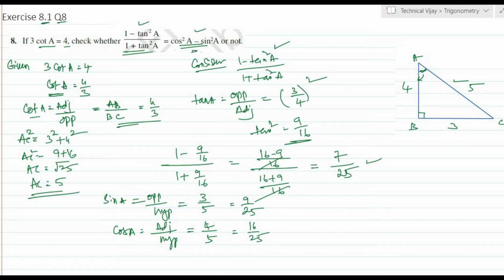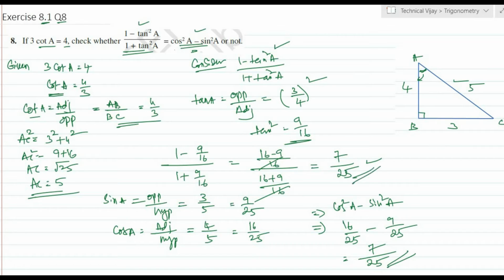So now we will substitute here. That is cos square A minus sin square A. So cos square A is equal to what? That is 16 by 25 minus 9 divided by 25. So here 25 is the LCM. So 16 minus 9 will be 7. So this 7 by 25 and this 7 by 25, both are equal. Yes, they are equal. Okay. So now we will go for the next one.